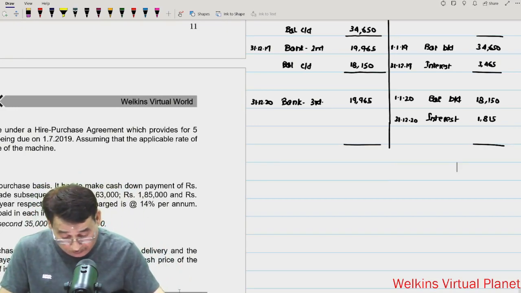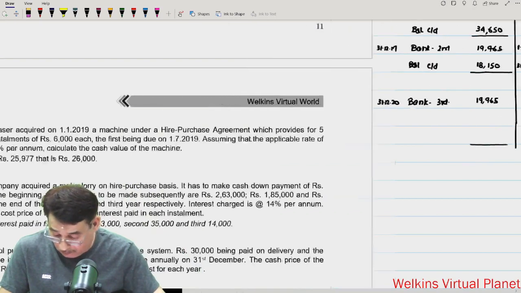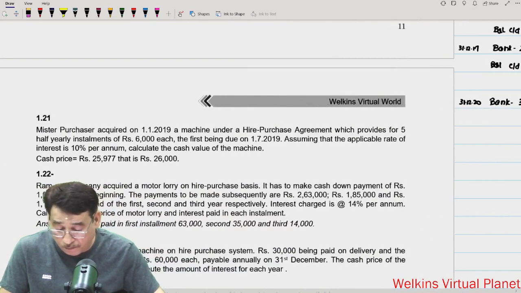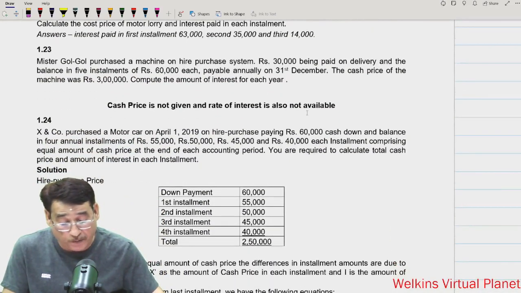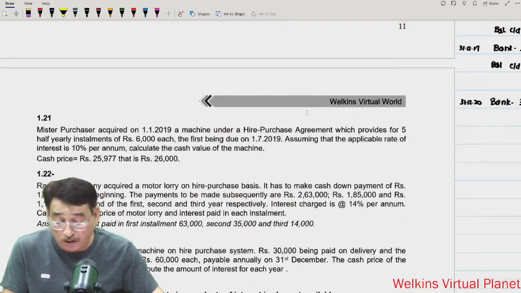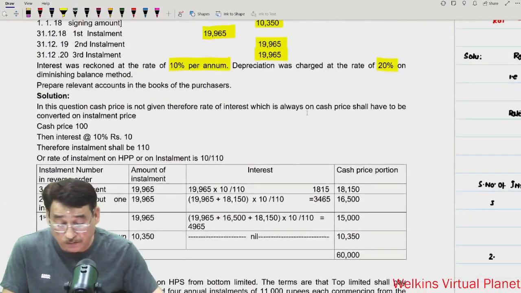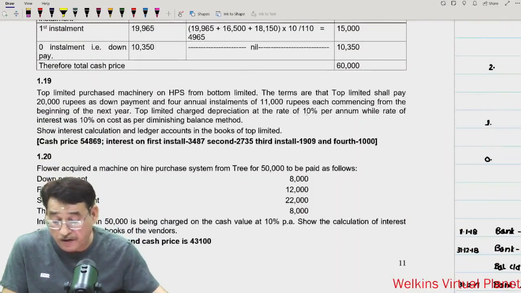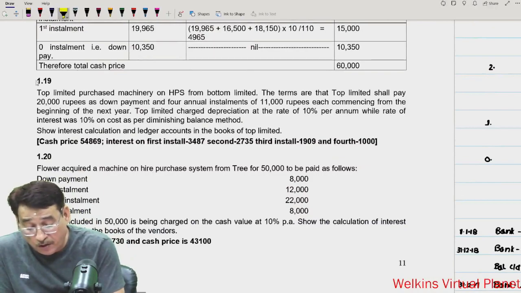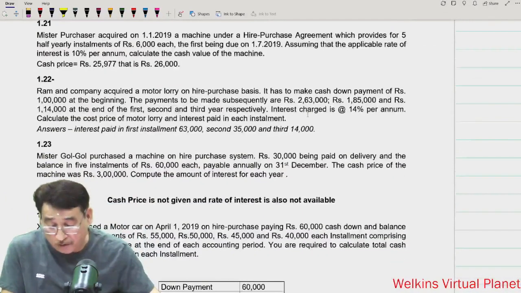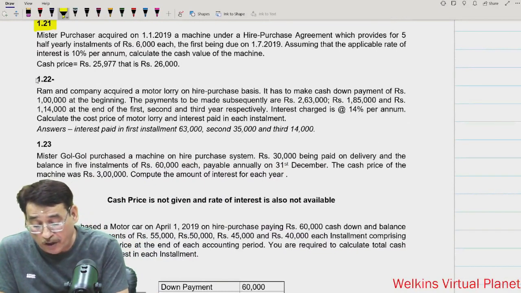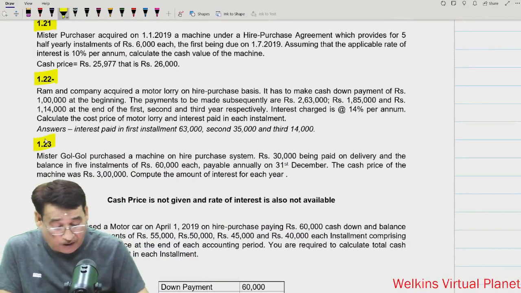Now, you can do till up to now 1.8. You can do 1.19, 1.20, simply calculation of interest, 1.21, 1.22 and 1.3. Correct?